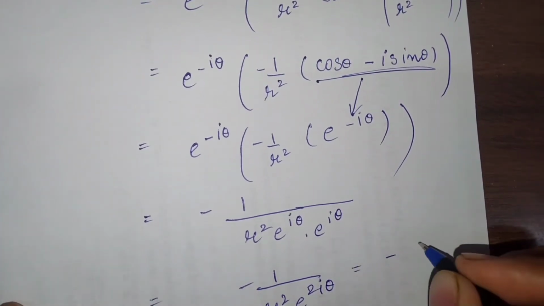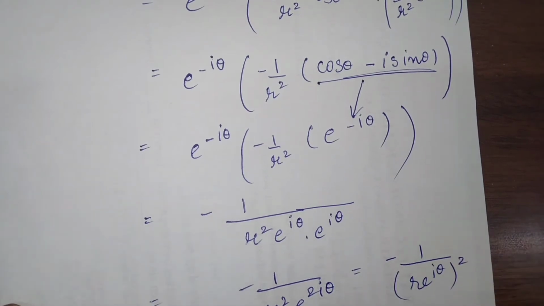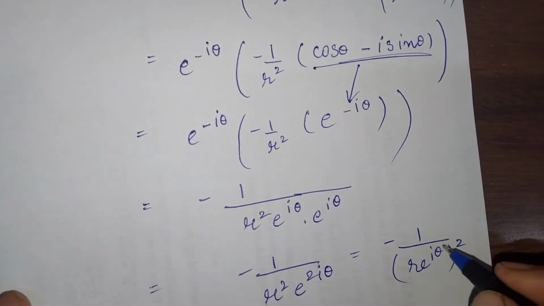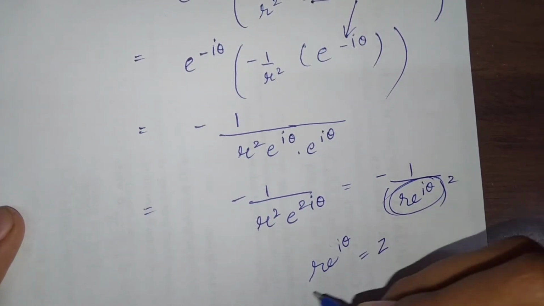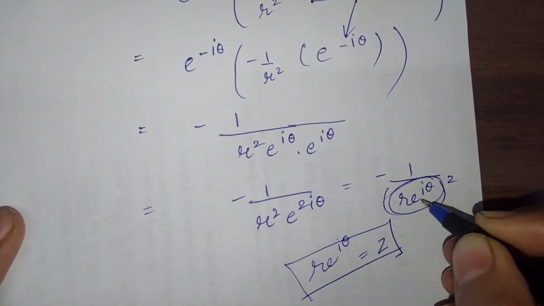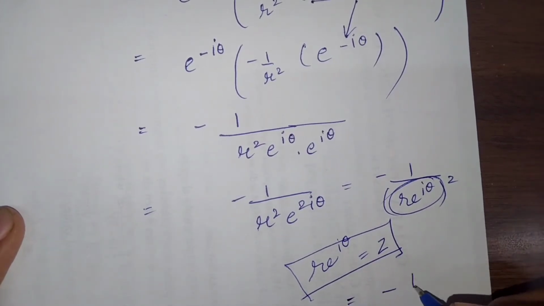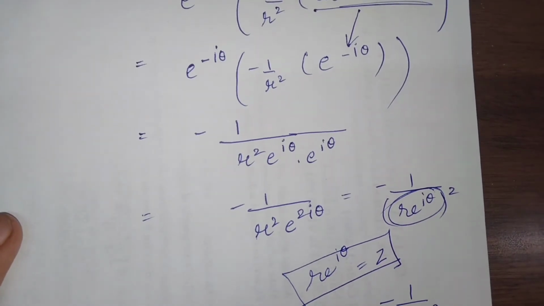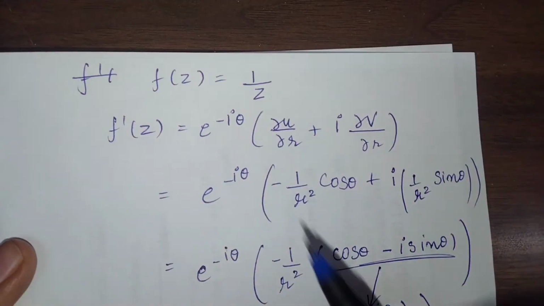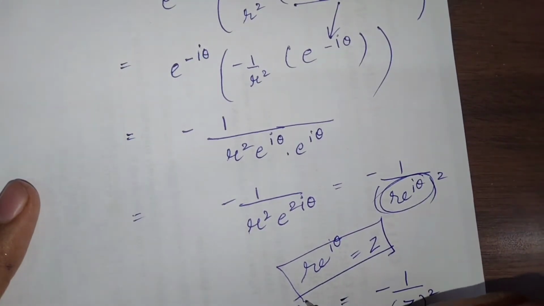So I can write minus 1 by r e raised to I theta whole square, and the value of r e raised to I theta, we know that is z. So here in place of r e raised to I theta, we can write minus 1 by z square. Okay. So you can see that f of z was 1 by z and f dash of z is obviously going to be minus 1 by z square.